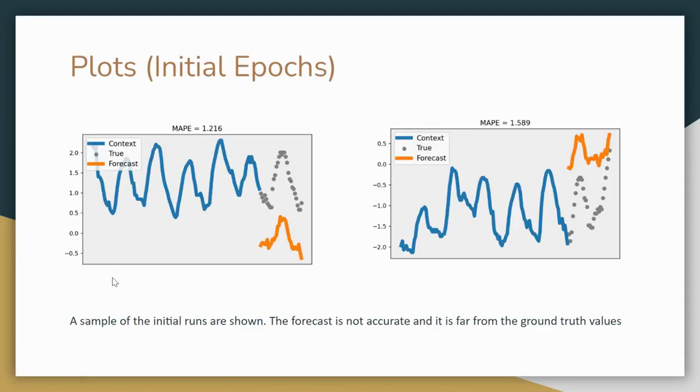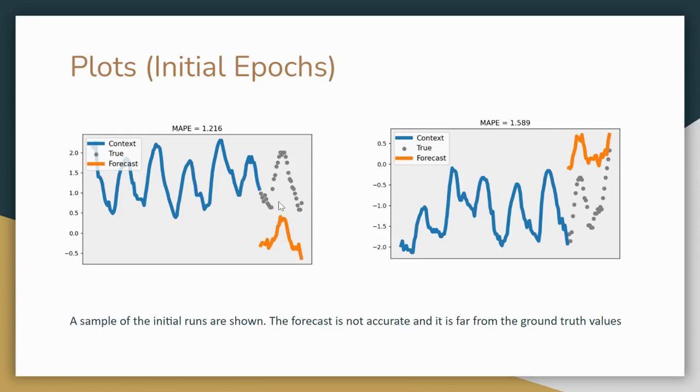Coming to the initial epochs, here the blue points represent the context or the input data points which are needed in order to train the model, whereas the silver points represent the actual truth or the ground label of the input, and the orange points represent our forecasted output from the model.